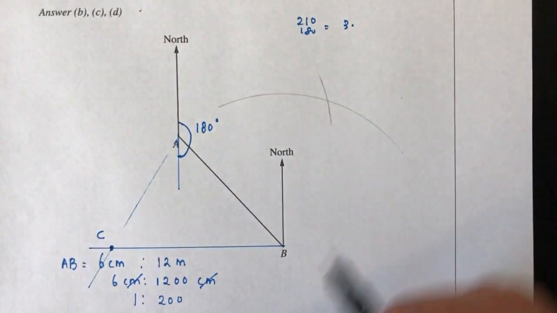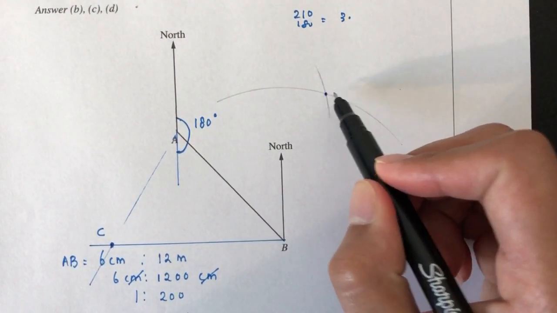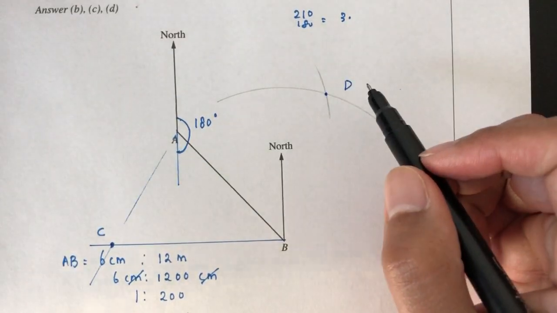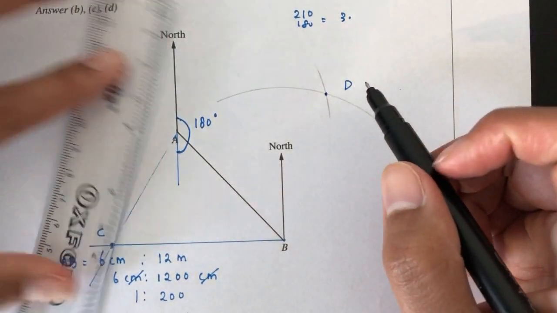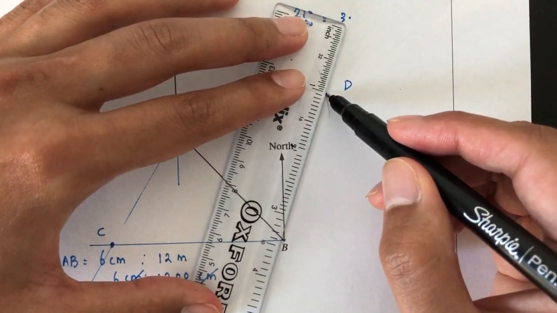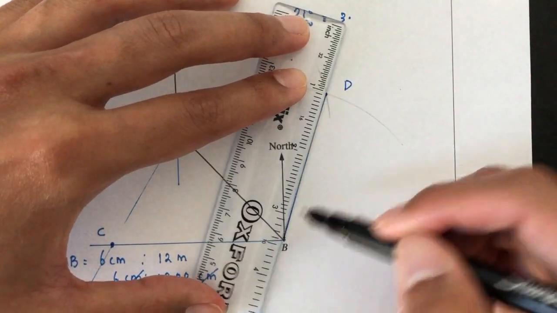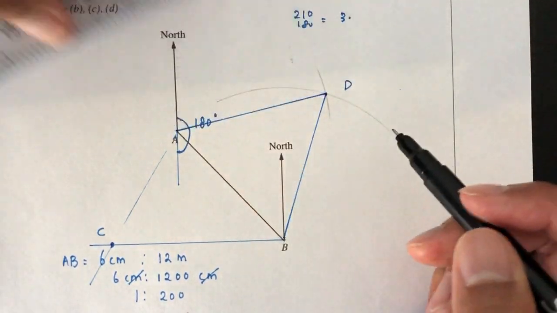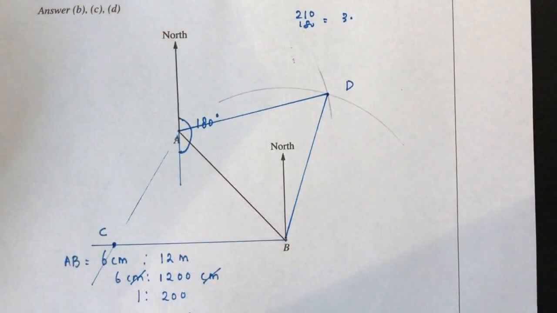As you can see, this point here is your point D. So construct the triangle ABD. So this is your triangle A, B, and D.